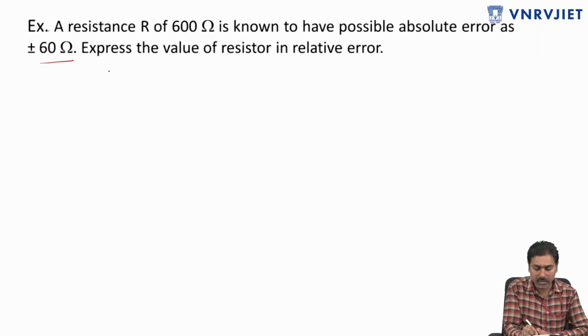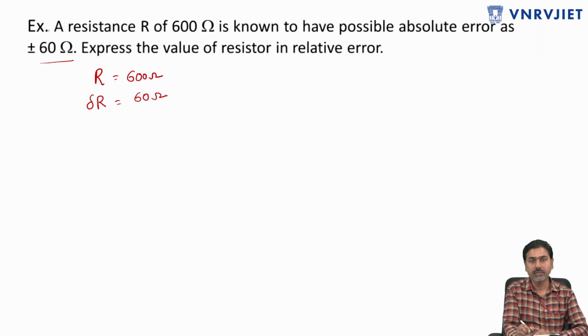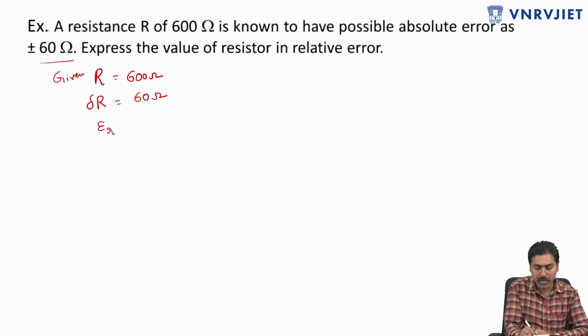Here the given nominal value R is equal to 600 ohm and delta R is given as 60 ohm. Now we have to calculate the relative limiting error, that is epsilon R.